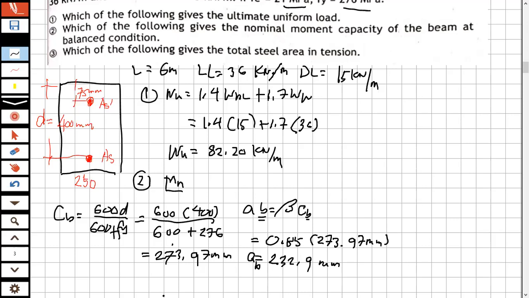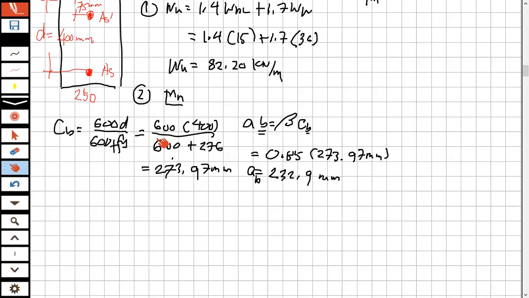Okay. Mn. Mn is just equal to C times D minus A over 2.